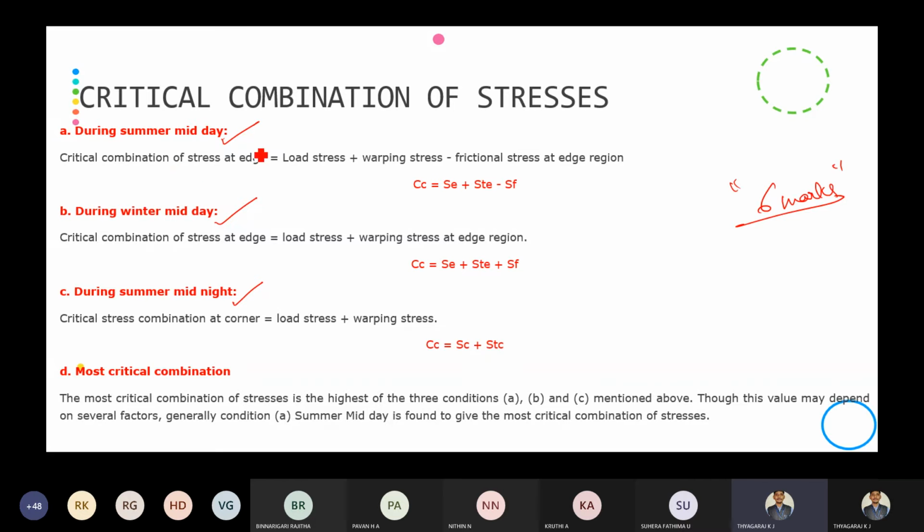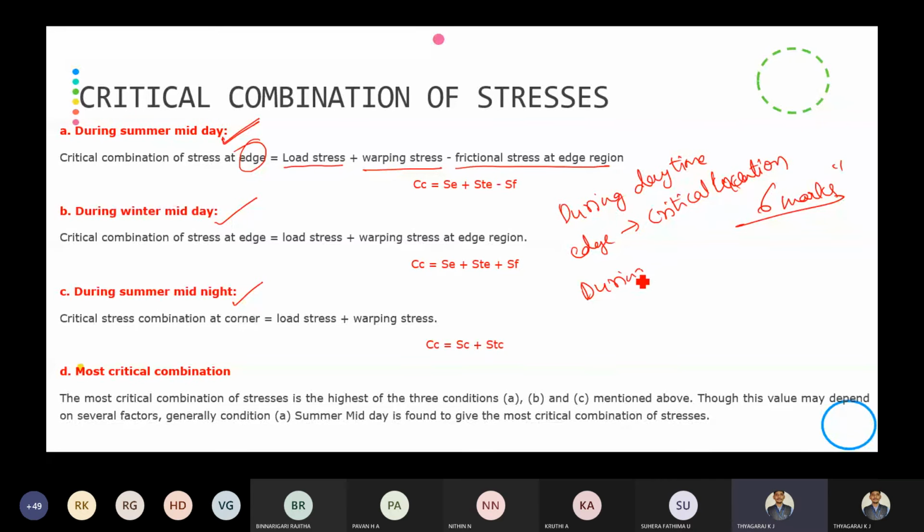So the critical combination during a summer midday occurs because of the load stress, warping stress, and frictional stress at the edge region. Okay. During daytime, the edge will be considered as the critical location.